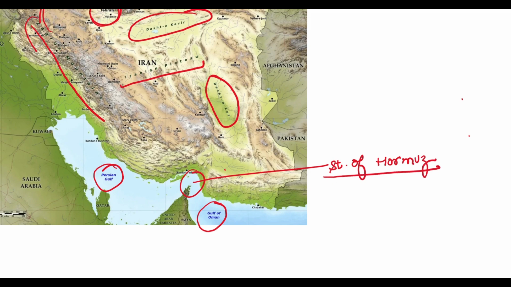So this makes Iran control the waters here. The Strait of Hormuz is also called a choke point, and all straits in the world actually are called choke points because they can be controlled by one country which is the closest to the strait, and it's a very narrow passage.